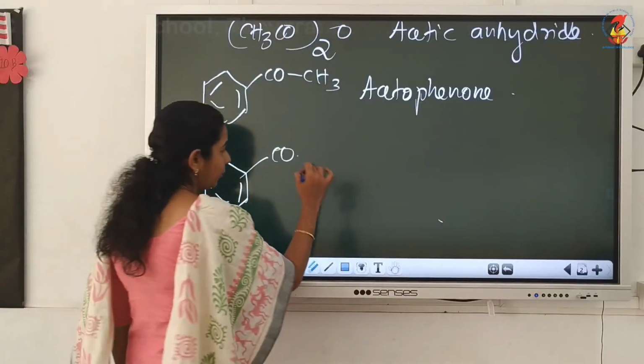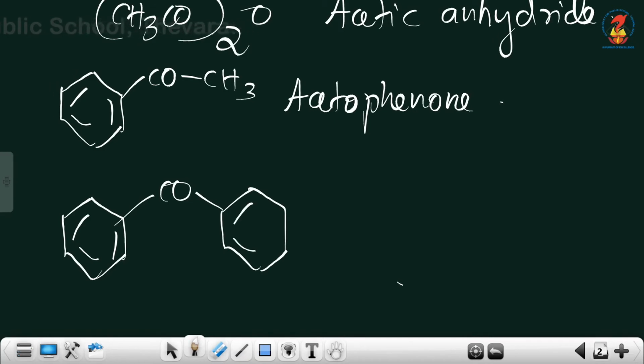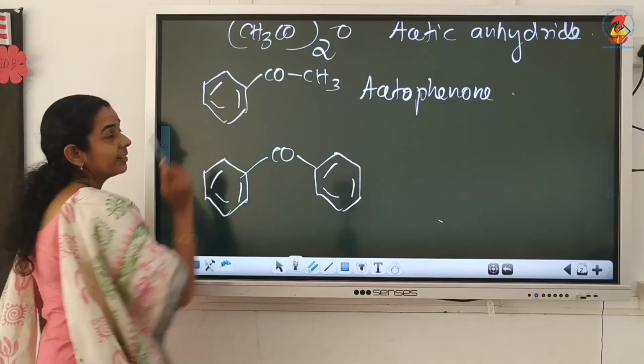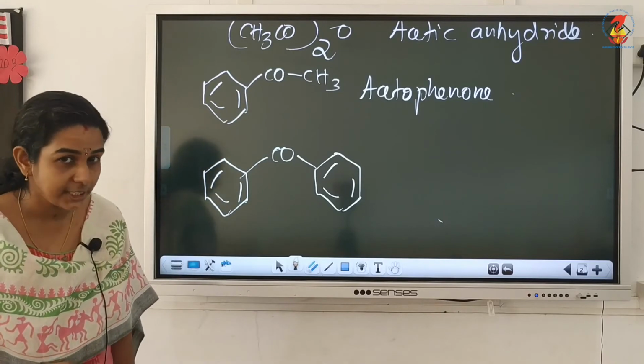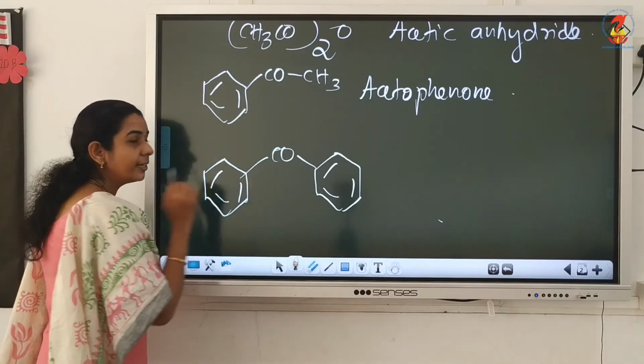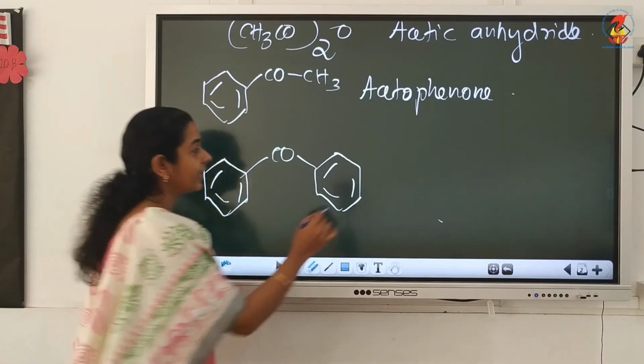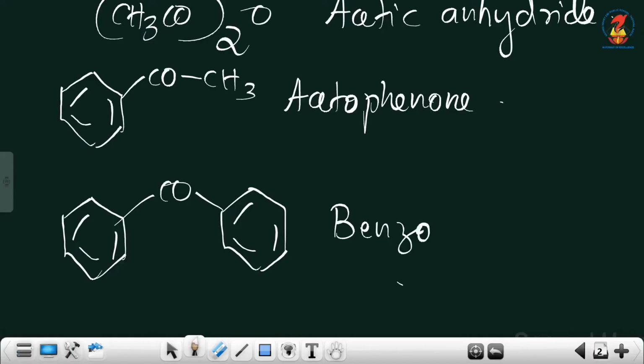Benzene ring, CO, again benzene ring. That means, compare the acetophenone and benzophenone structures. One side of the CO group is benzene and the other side is a methyl group, that is for acetophenone. On either side of the keto group, if it is a benzene ring, we can call it benzophenone.